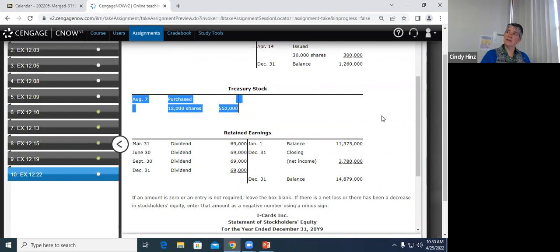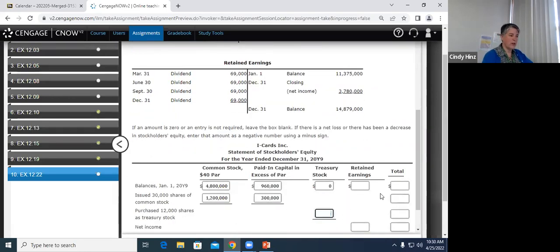Now, I'm not suggesting that it would be normal for us to sell 30,000 shares on April 14th and then buy 12,000 of them back in August. That probably wouldn't have happened. But as usual, we're looking at an example here so that we can see what it would look like. But I'm not trying to suggest that this would have actually happened.